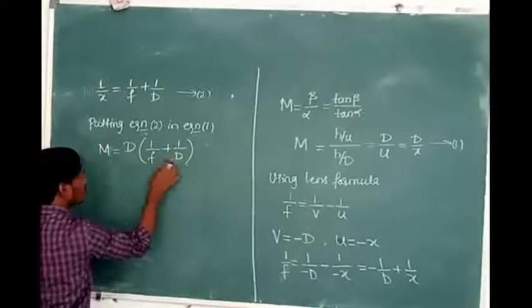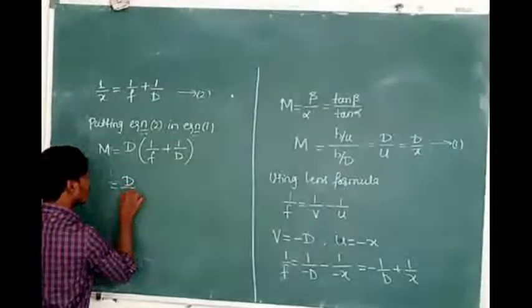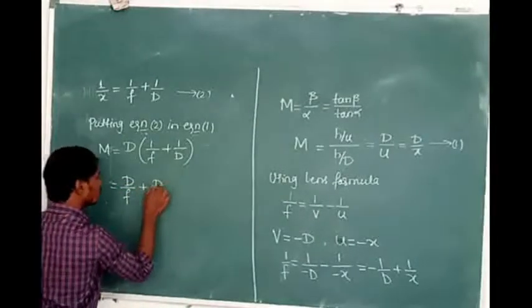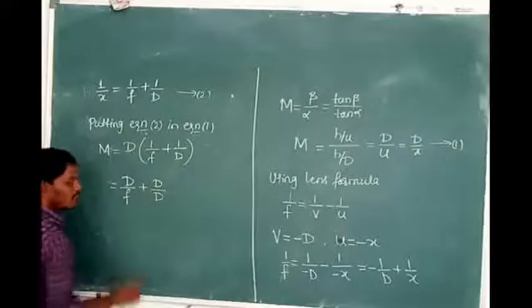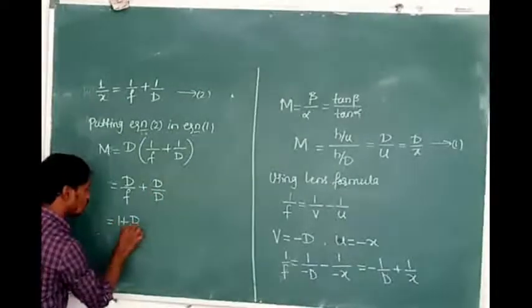Then multiplying this bracket with d, that is d by f plus d by d. What is the value of d by d? D by d is nothing but 1. Then it is 1 plus d by f.